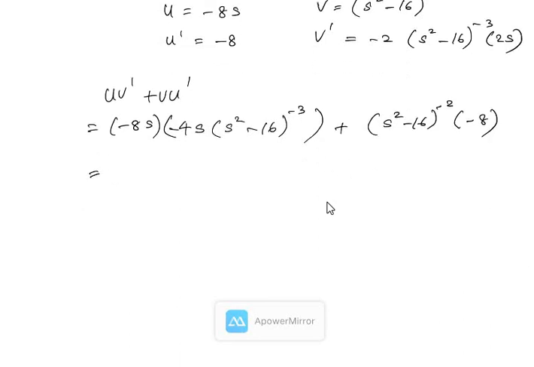So when I simplify, I can get 32 s squared divided by (s squared minus 16) to the power of 3 minus 8 divided by (s squared minus 16) to the power of 2.